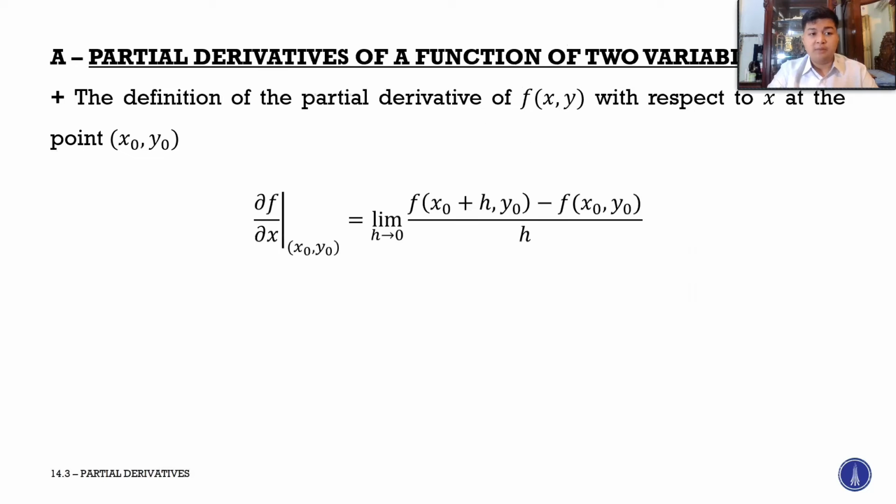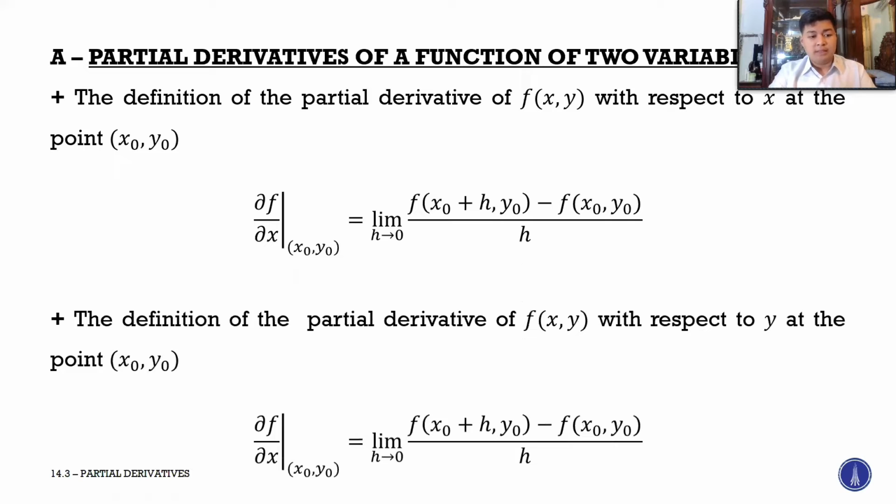So the first main point is the partial derivative of a function of two variables. This is the definition of the partial derivative of f of x and y with respect to x at the point x sub 0, y sub 0, which is equal to the limit as h approaches 0 of f of x sub 0 plus h and y sub 0, minus f of x sub 0, y sub 0, over h.